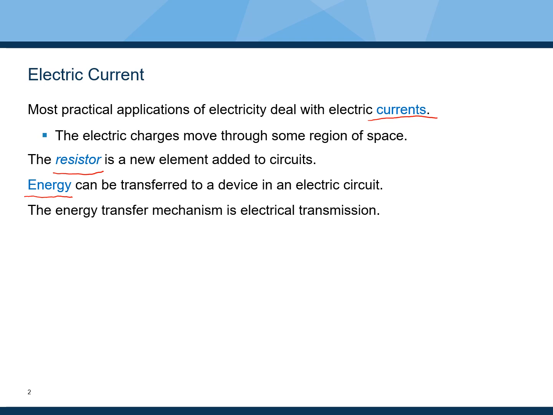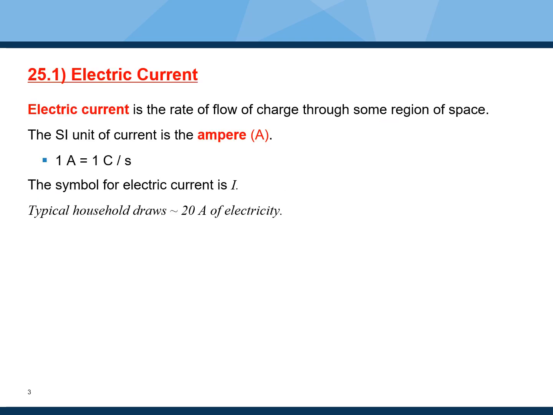So with this, let's go ahead and dive into the first section of this chapter, which deals with the idea of current. Anytime you have electric charges flowing through some region of space, you can actually develop the concept of a current. So you can say that you're measuring the number of coulombs of charge flowing per unit second.